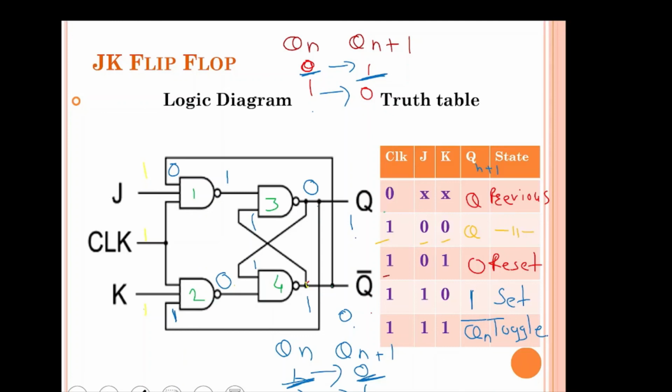In JK flip-flop, if J is equal to K is equal to 1, then your output will toggle. It will go in the toggling mode. Means if the previous output is 0, then you will get 1. If the previous output is 1, you will get 0. And this property of JK flip-flop is very useful while designing the counters using the JK flip-flop. So that's all for this tutorial.